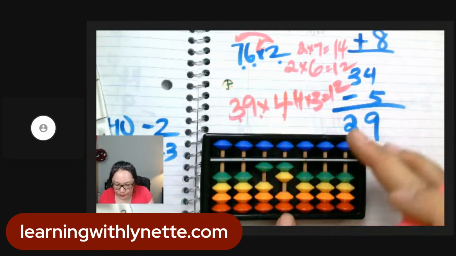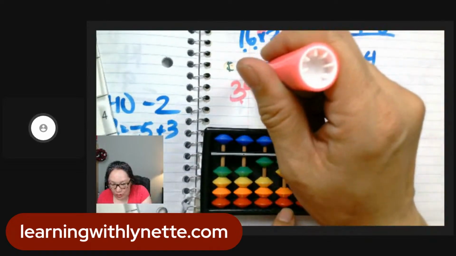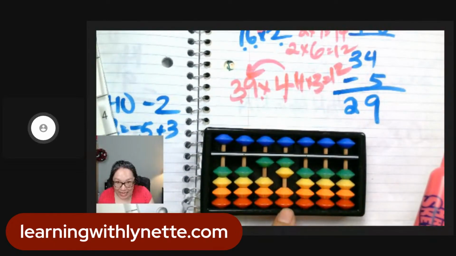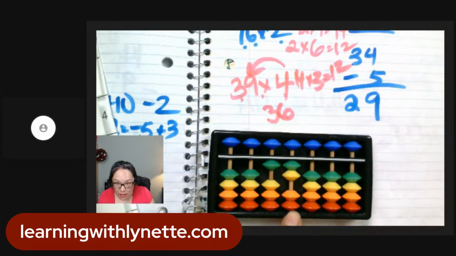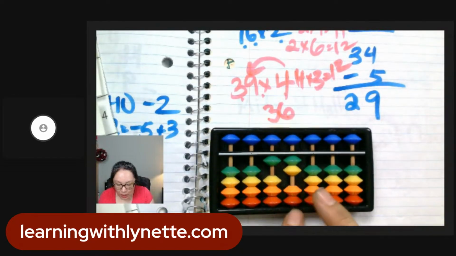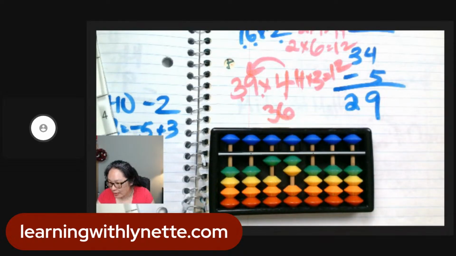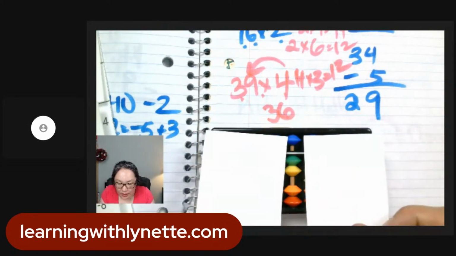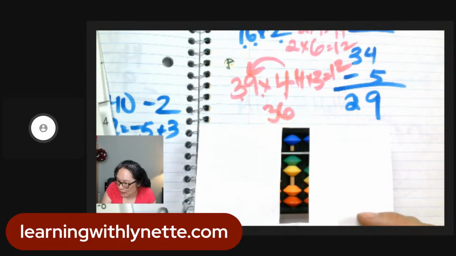I add my 2. And then what are we going to do? 4 times 9. 4 times 9 is what? 36. I want to add 3. I want to add 6. How do I add the 3? Is there enough beads to add the 3? There is not enough beads to add the 3. If there's not enough beads to add the 3, what is the first thing we need to do?